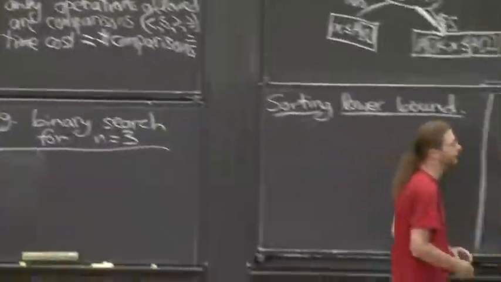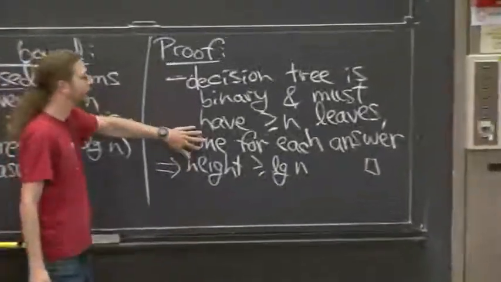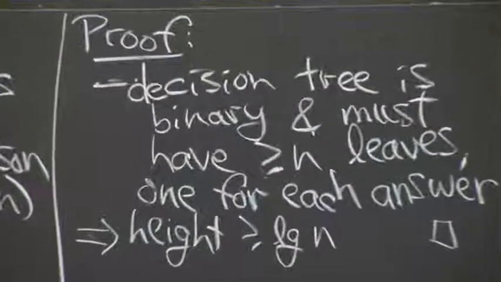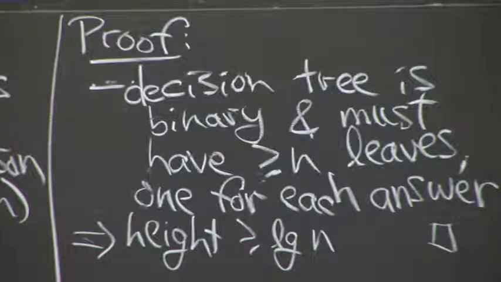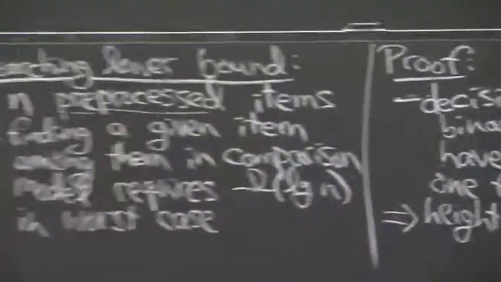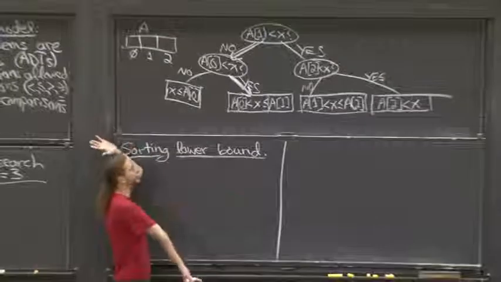So we just follow the same strategy. Decision tree is binary. The question is, how many leaves does it have to have? For sorting, I'm not going to draw an example because the trees get ginormous.